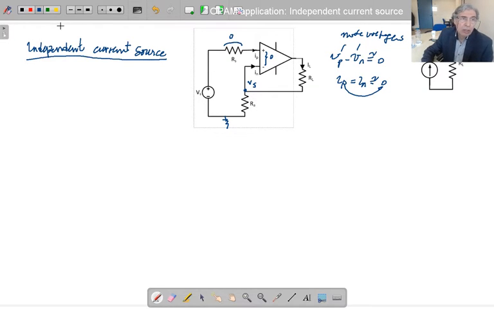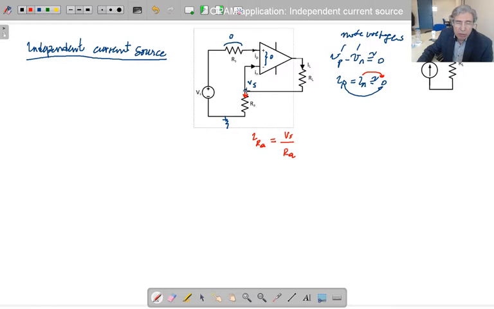Then the current here that we're going to see, let's say IRA, is equal to Vs over Ra. On the other hand, we are saying In equal to 0, that means this current is 0.